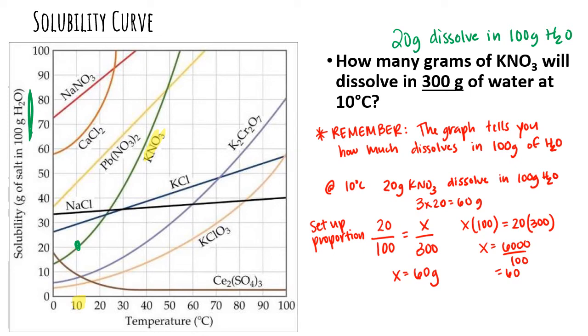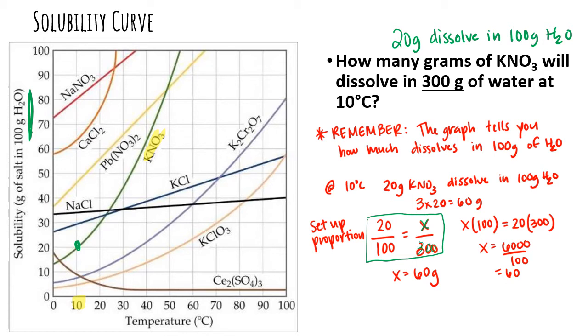Well, if we know that 20 grams will dissolve in 100 grams of water, we can set this up like a proportion. So down here, you'll see we have 20 over 100 because 20 grams will dissolve in 100 grams of water. And that's going to be equal to some amount of grams over 300.